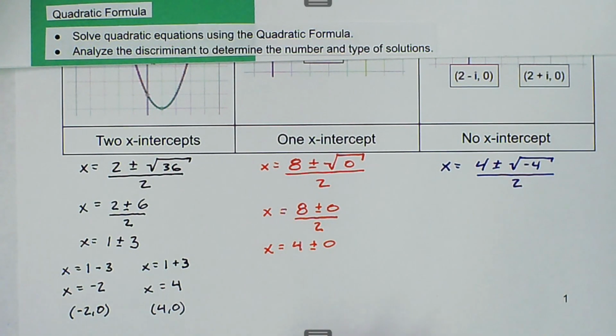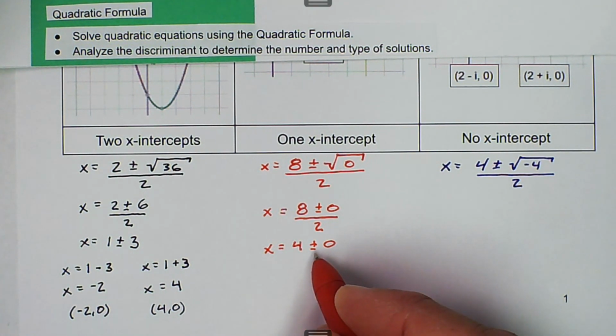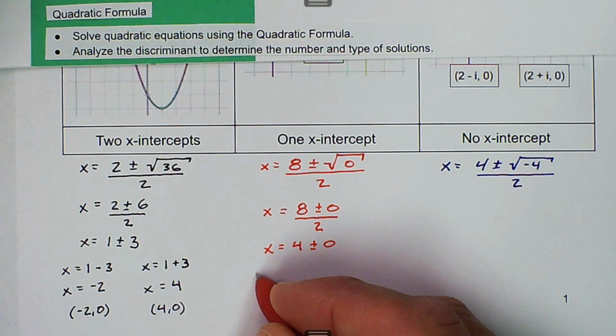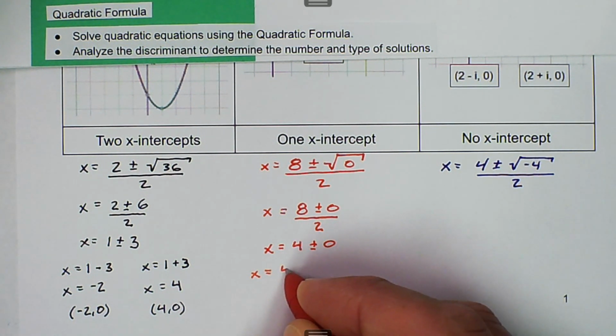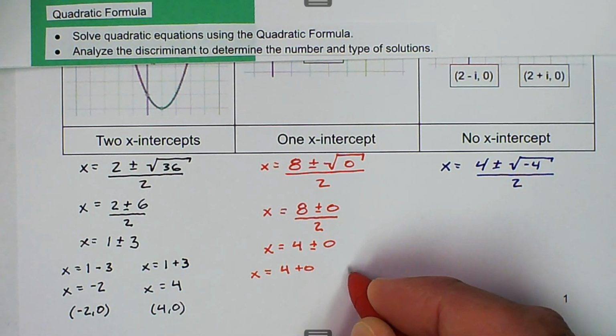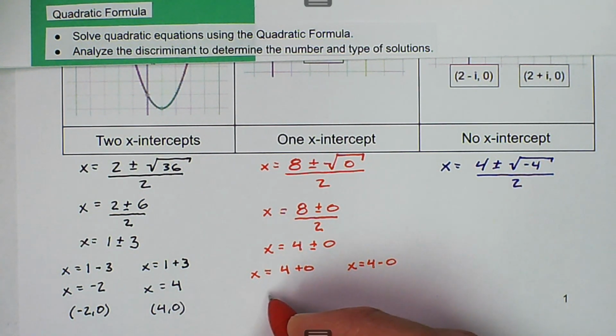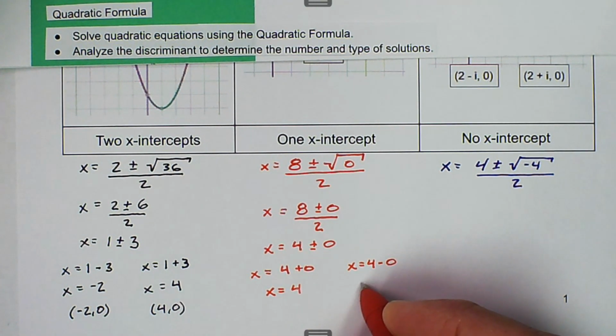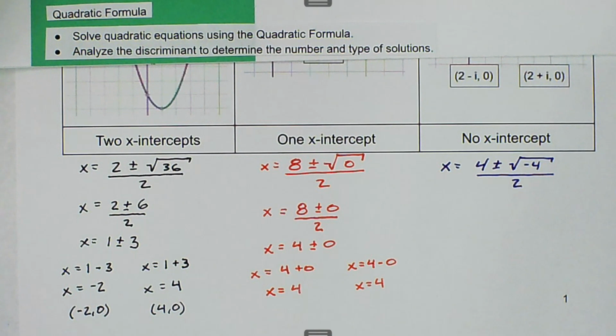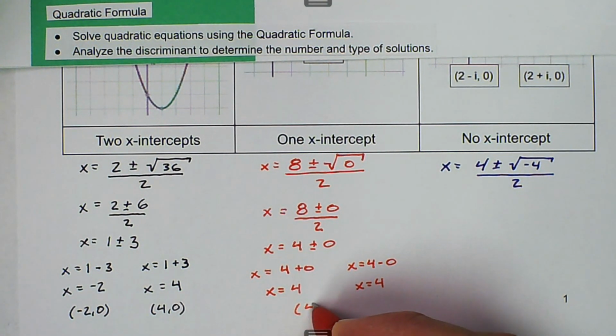And then we can rewrite that as plus 0 and minus 0. So x equals 4 plus 0, and x equals 4 minus 0. So we get x equals 4 and x equals 4. In this case, we have a multiplicity of 2 or a double root, and our solution for this one is going to be 4, 0.